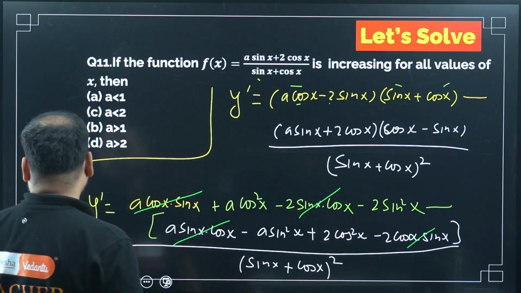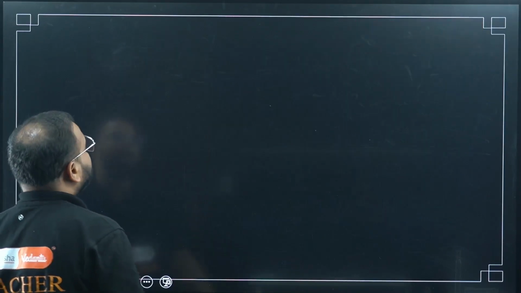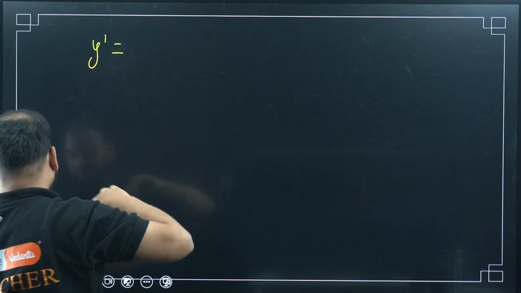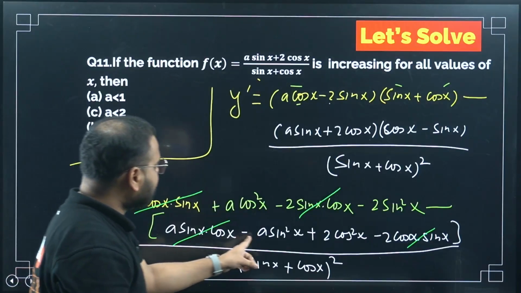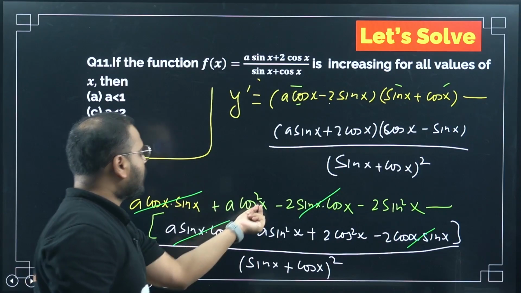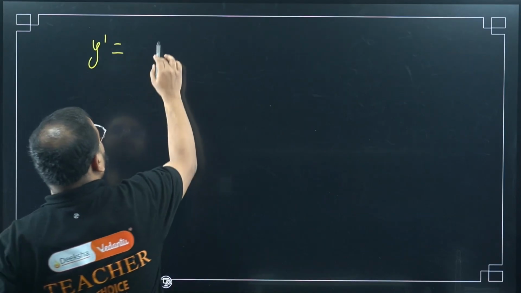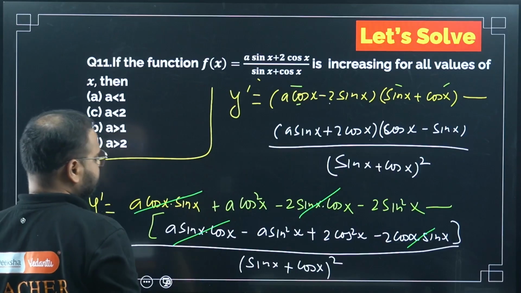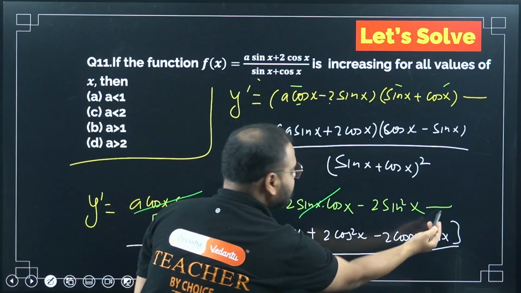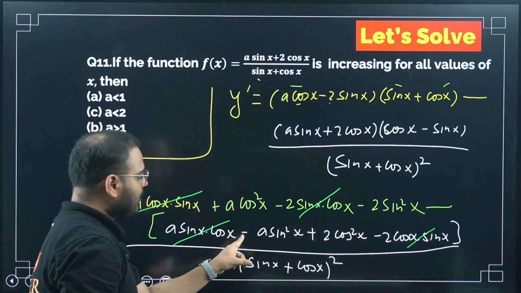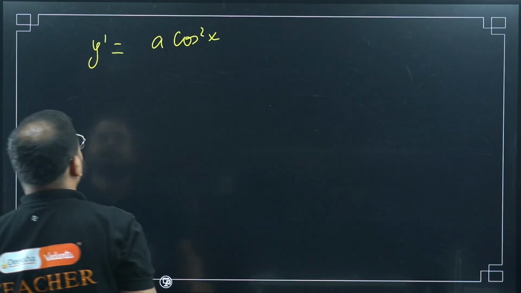Next, I have to do it on the next slide, so I will keep coming back. Let me write it here. y dash equals what? Minus a, sorry, from the first, a cos square x, plus a cos square x. And this minus over here will operate on this minus, so it will become plus a sin square x.